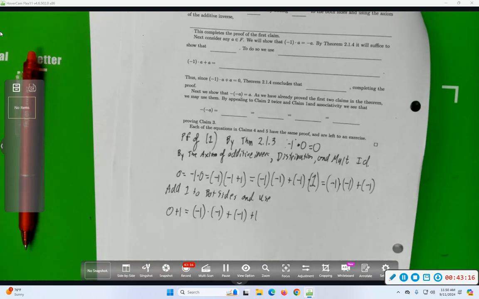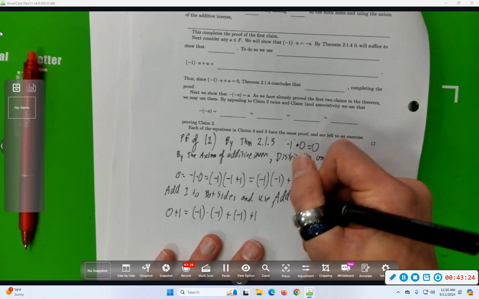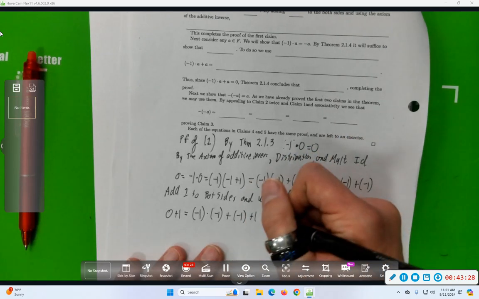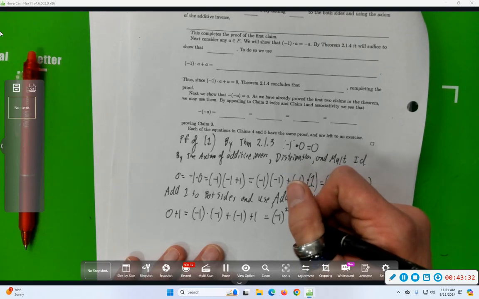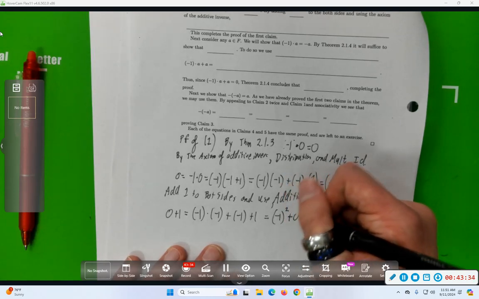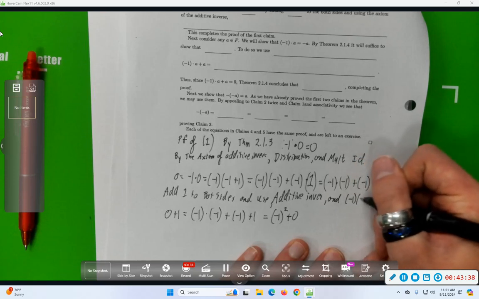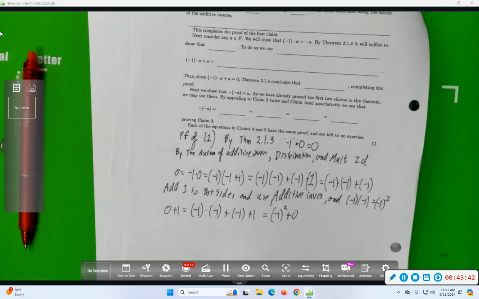Yeah. What next? Now it's additive inverses. And you know what? I'm getting tired of writing -1 times -1.